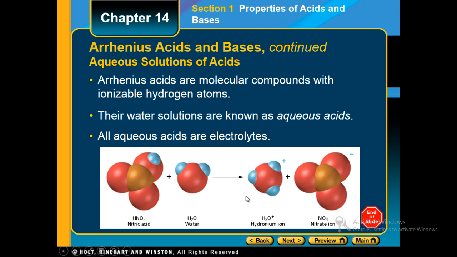The hydrogen does not stay alone, but directly reacts with water to form the hydronium ion, and then it leaves the nitrate ion. Since it has ions in the water, it is an electrolyte.